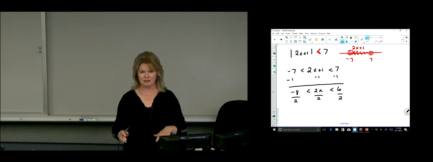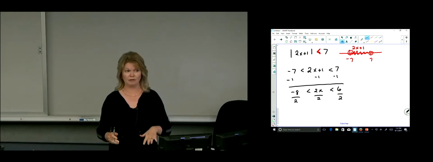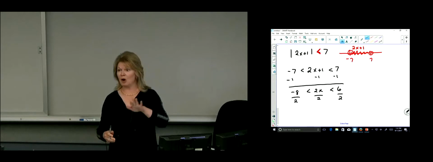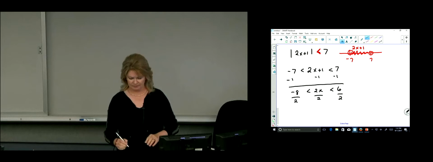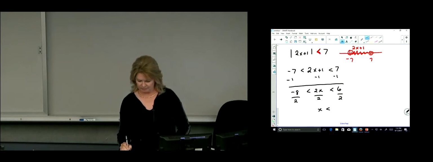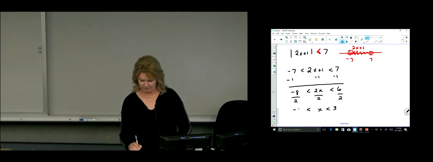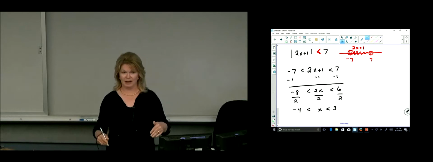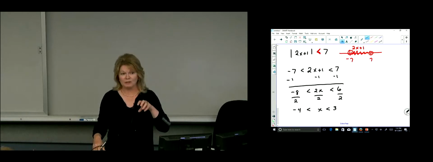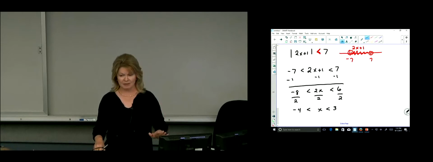Again, since this is an inequality, if you were to ever multiply or divide by a negative number, flip all those inequality signs. Notice that's negative 8 divided by 2, but the part that's doing the work, the 2 itself, is positive, so that doesn't make me change the signs.